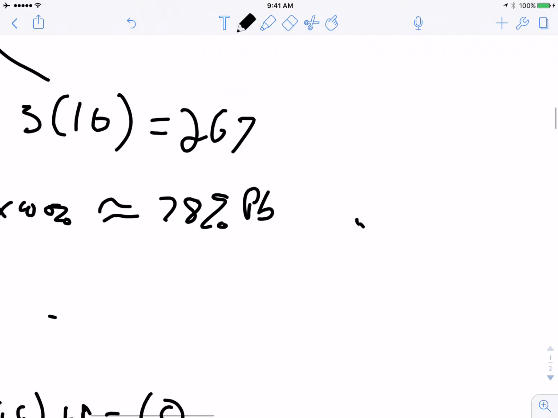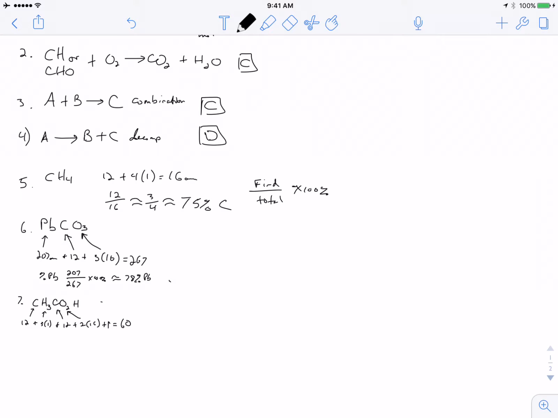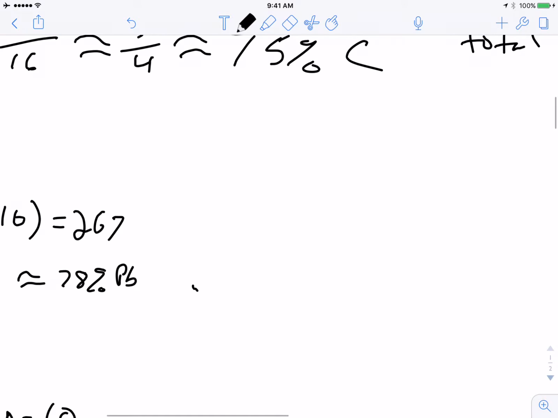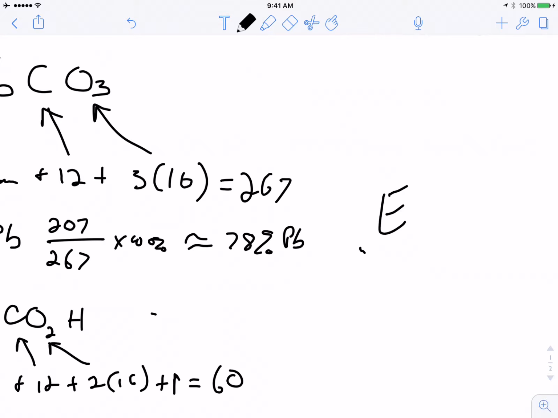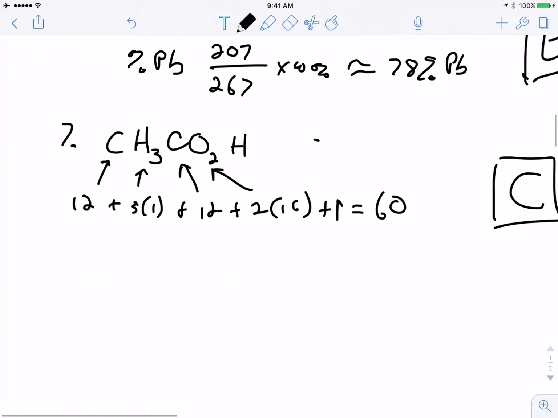Awesome. So I think I forgot to add in some of the answers here. I'm sorry. So number 5, the answer was A. For number 6, the answer is E. And for number 7, the answer C.